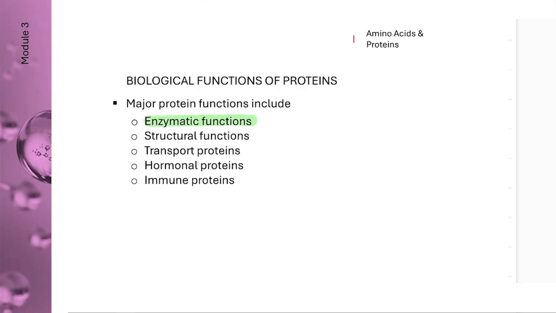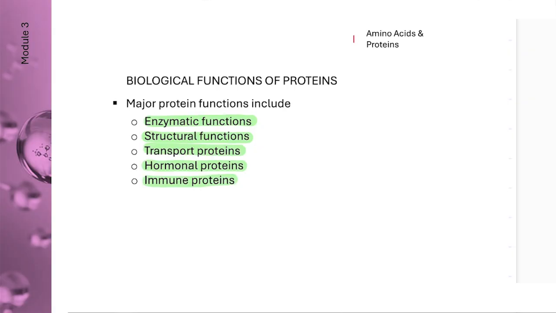When you think about structural functions, your hair, your skin, they are all proteins. When you think about transport, think about hemoglobin. So if you're thinking about the functions of proteins, myoglobin, hemoglobin, they are all proteins. We already mentioned a hormone that is responsible for transport of sugar from the blood into the cells. The hormone insulin is a protein. When you think about your immune system, the antibodies, immunoglobulins, they are all proteins.